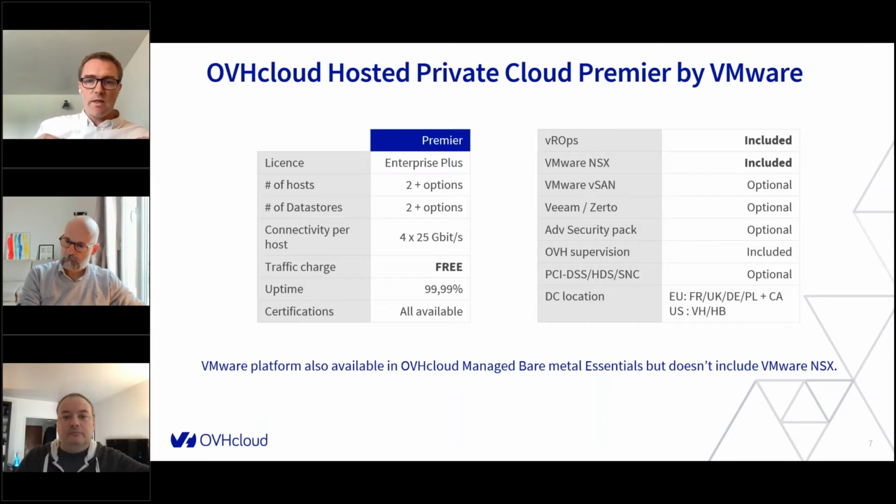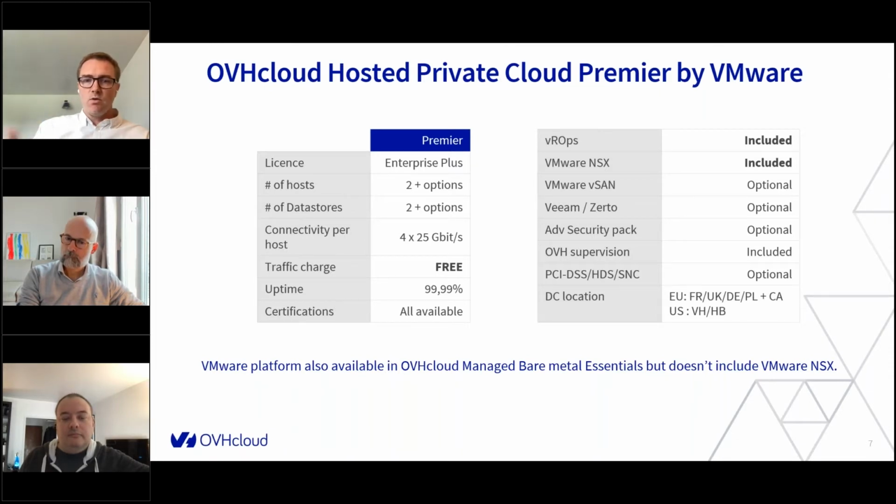And the second thing that I would like to share here is that with OVHcloud the traffic is not an extra charge, so it's included in the package that you get. You will find a lot more information on our website, and it's not the goal of today to explain in detail, but you can see that the connectivity for this host is very good, with 4 links of 25 gigabits for your private and your public connectivity.